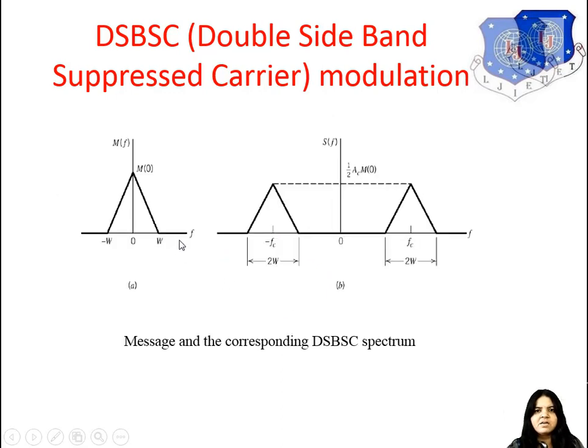So this is again the suppressed carrier modulation diagram. This is the original spectrum of the message. In the frequency domain, it is represented by M(f) having the bandwidth from minus W to W, so the bandwidth is 2W, and this is the 1/2 Ac M0.